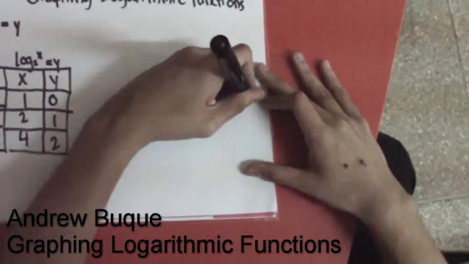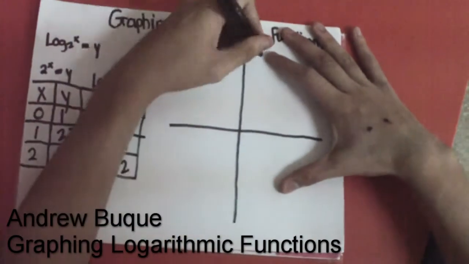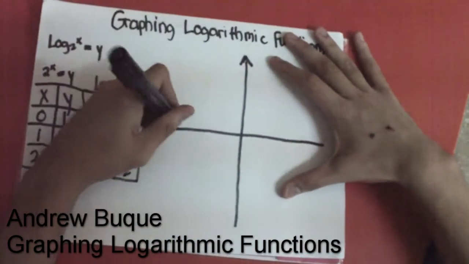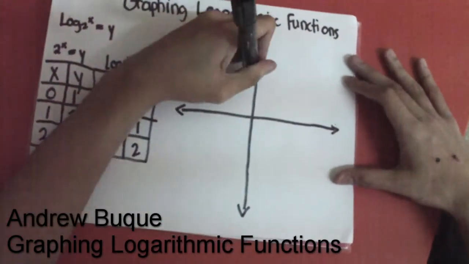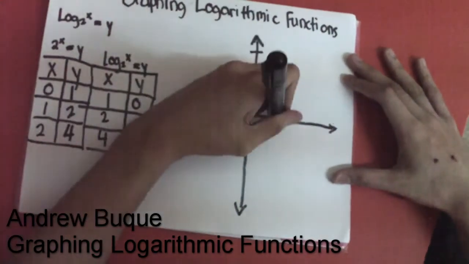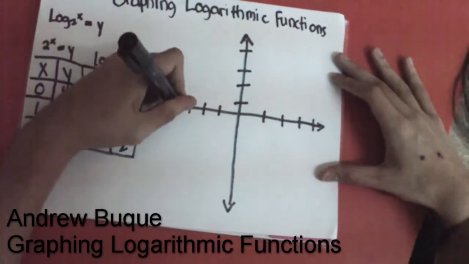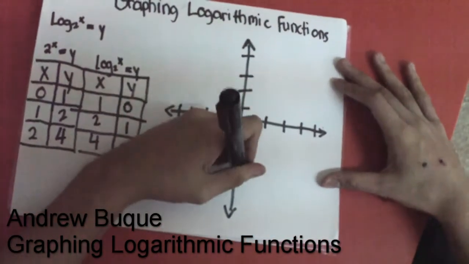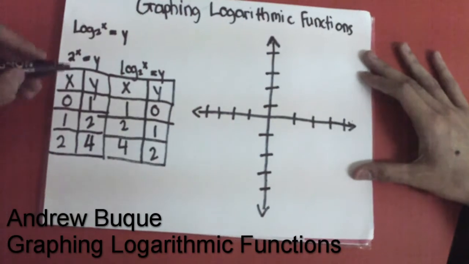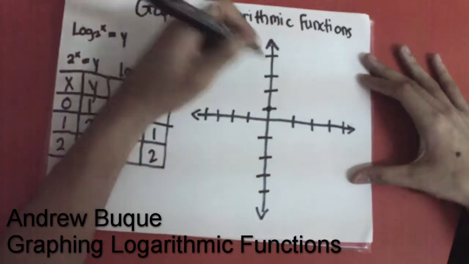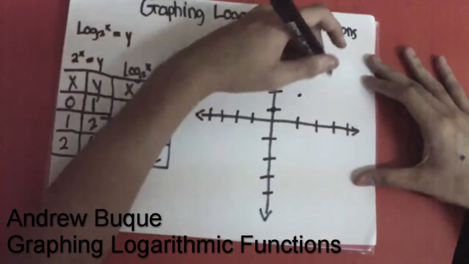Then let's make a graph. First, you need to graph the exponential form. 0, 1, 1, 2, then 2 and 4.